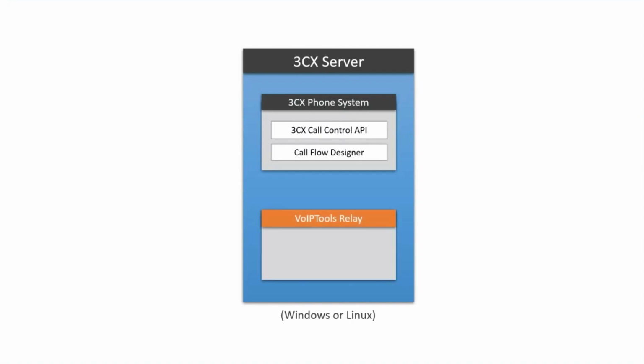Then you're going to install on the 3CX server our VoIPTools relay. And the VoIPTools relay comprises both our REST API and what I call our events API. And the relay, when it's installed, communicates to 3CX through the call control API.